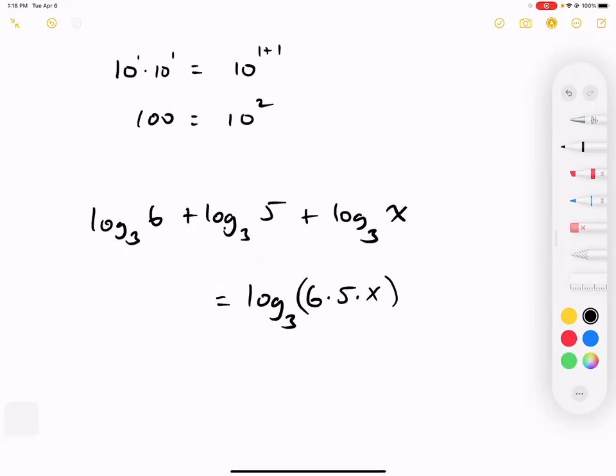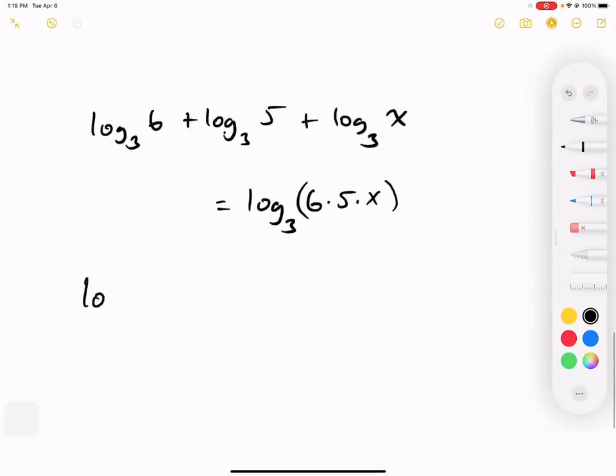Sometimes you can't complete a log. If I give you log base 8 of 4 plus log base 8 of 2, looking at this, you're like, I don't know, 8 to what power is 4? I don't know. And 8 to what power is 2? I don't know. Those aren't easy.